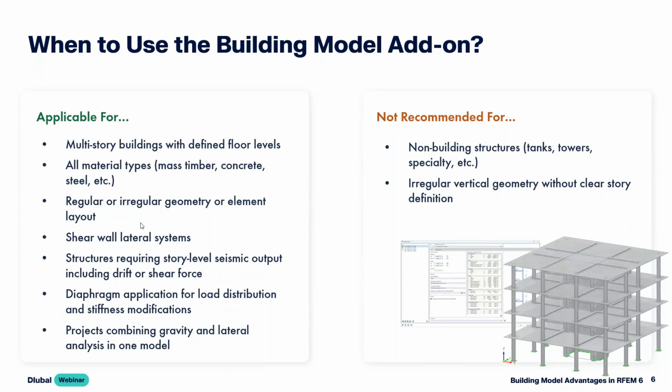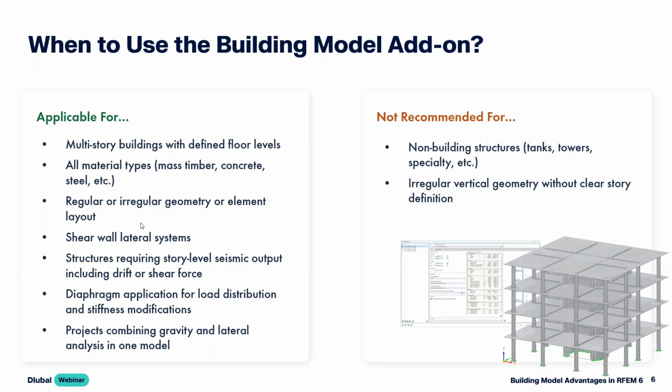So the building model could be used for mass timber, for example, CLT, concrete structures, steel structures, again, any material is applicable. It also can be used for regular or irregular geometry or element layout. We don't necessarily have to have the same columns and the same shear walls, that layout at every single floor. Again, irregular geometry is also supported.